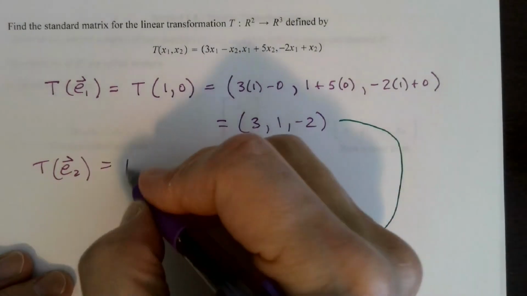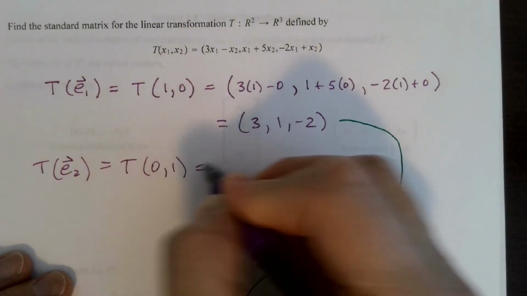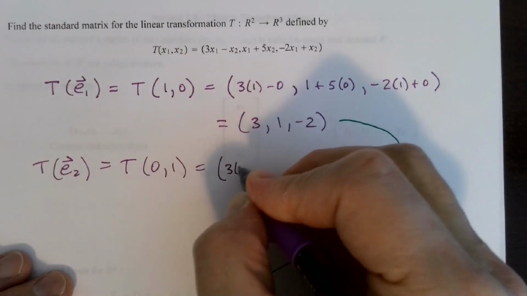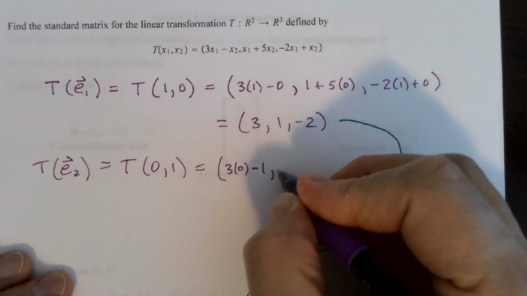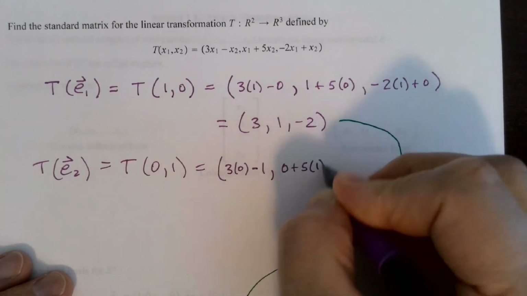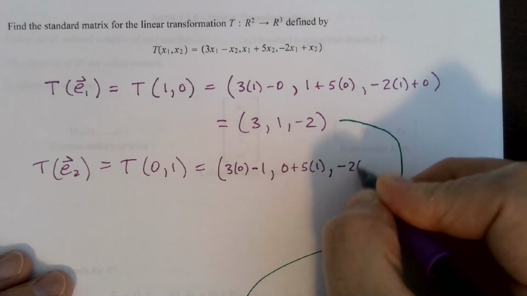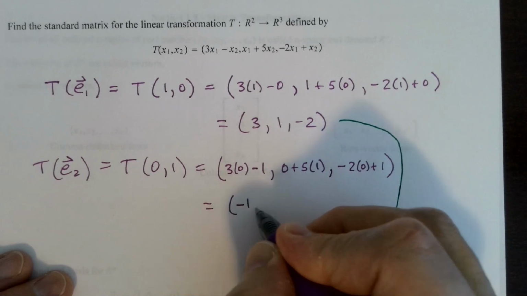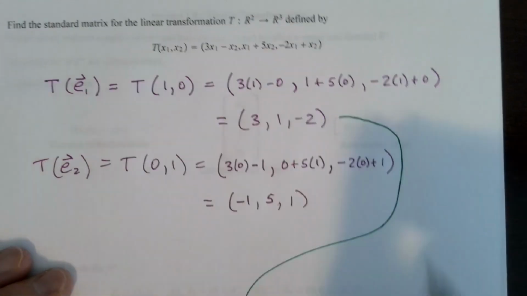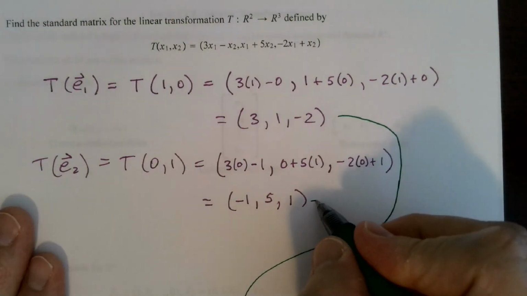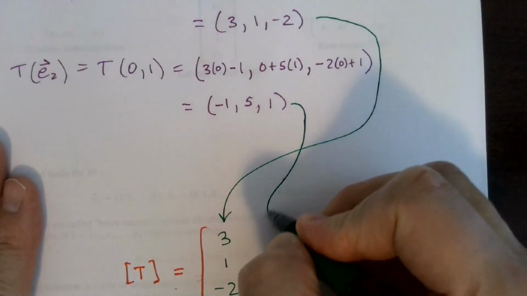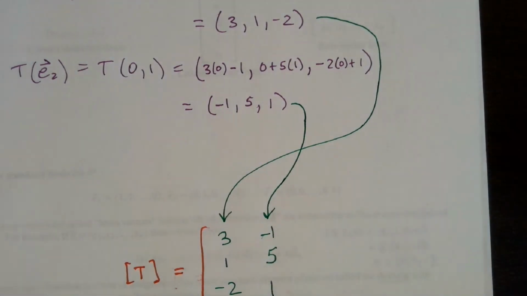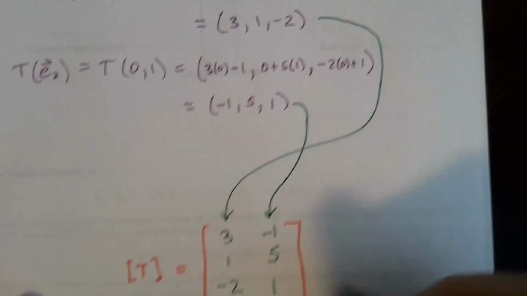And so this is T of (0, 1). And if I do that, now x1 is 0. So I'm going to get 3 times 0 minus 1, 0 plus 5 times 1, and negative 2 times 0 plus 1, which gives me (negative 1, 5, 1). And that is going to become the second column down here. And there is my standard matrix.